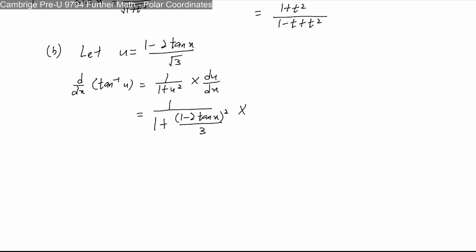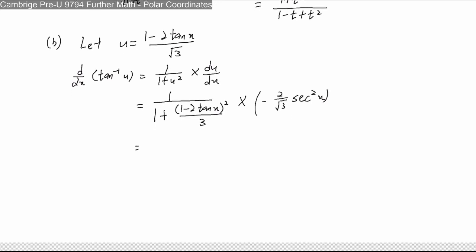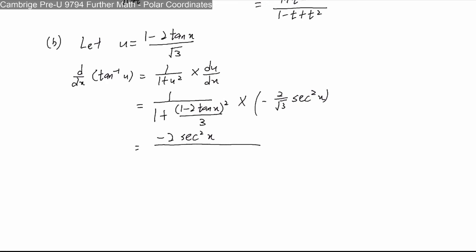That gives us negative 2 over root 3 times secant squared x. After that, we tidy up everything. We'll have negative 2 secant squared x on the numerator, and the denominator is a bit more work to do.